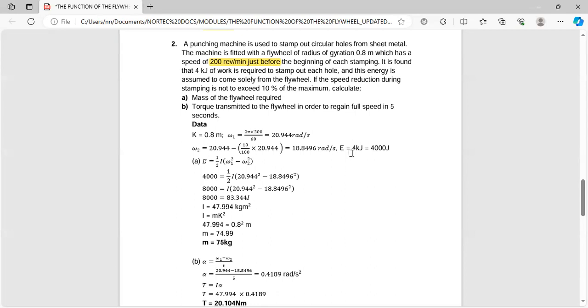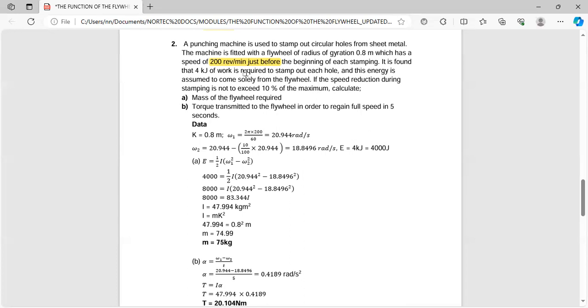the mass of flywheel required. Now, the condition that you can already pick is that when the stamping action is taking place, the speed reduces by 10% of the maximum, meaning that speed that we've already been provided with is the maximum speed, because this is the speed at which this stamping machine is running before the action of stamping is instituted.